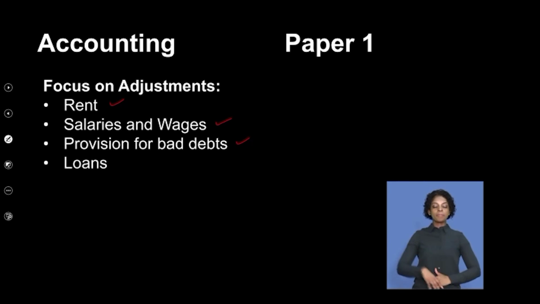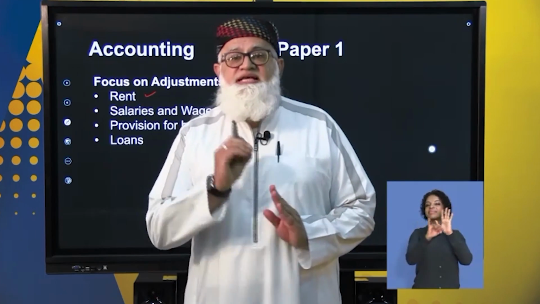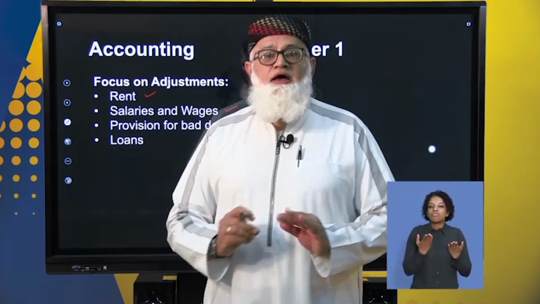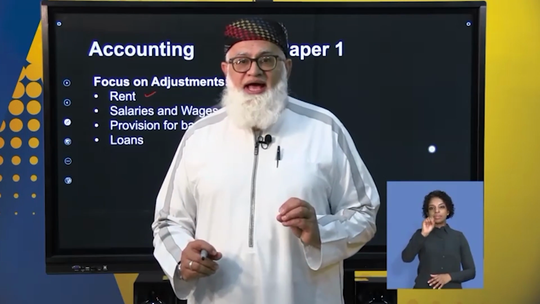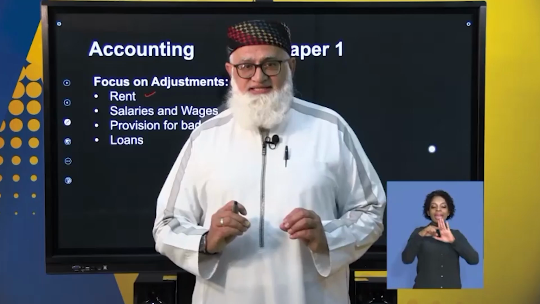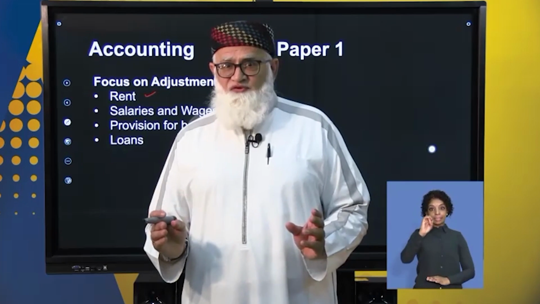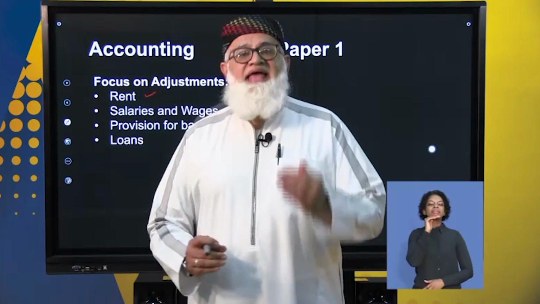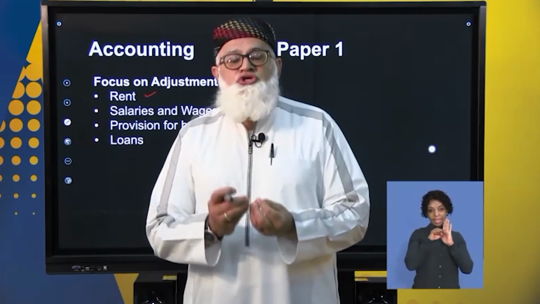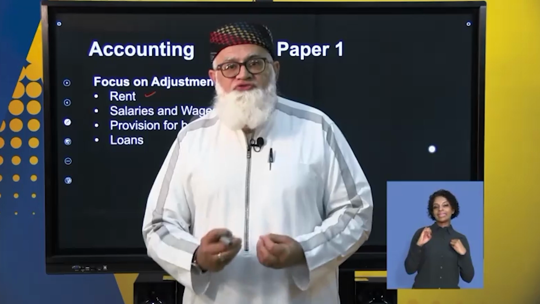Firstly, let's identify what type of account provision for bad debts is. Remember, provision for bad debts is what we refer to as a negative asset. Heard that before? I'm sure you have. What do we mean by a negative asset? A negative asset reduces the value of your asset.